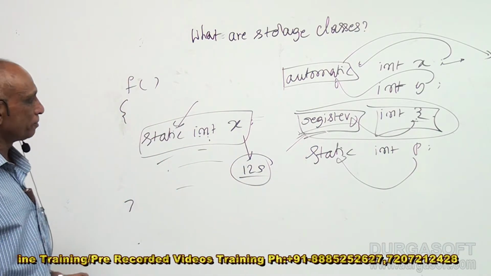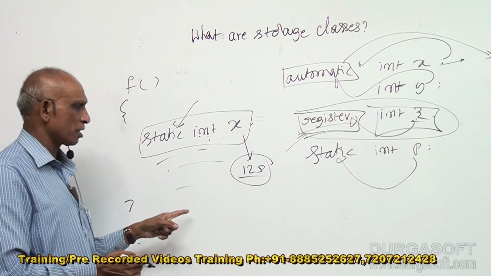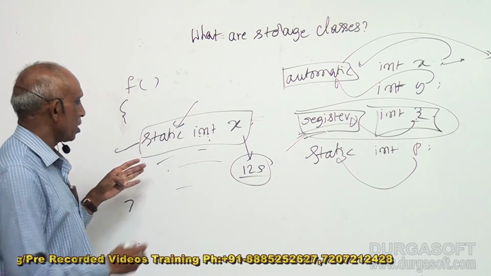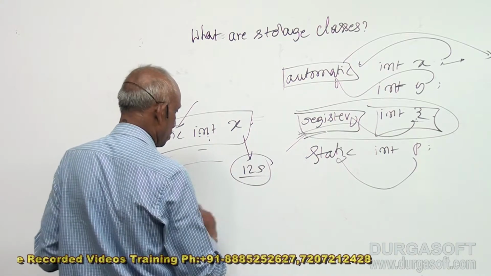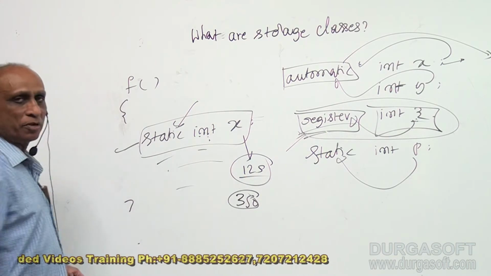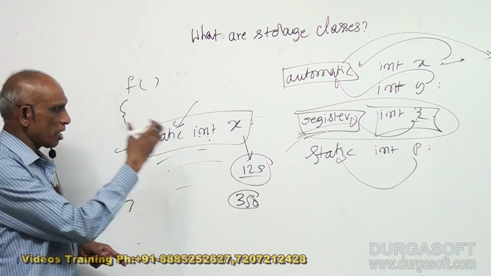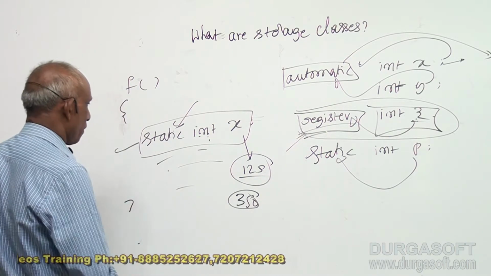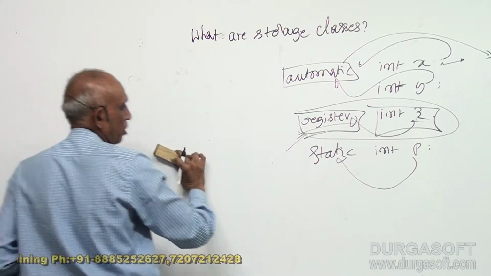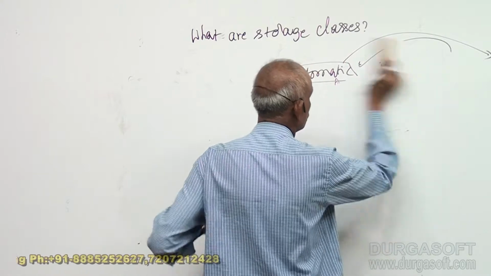Any number of times the function can come and exit, but this value is still maintained. Suppose the first function call ends with 125, the second function call with 350, and so on. So across function calls the value is maintained. We can have an example program for this to understand what a static variable is.